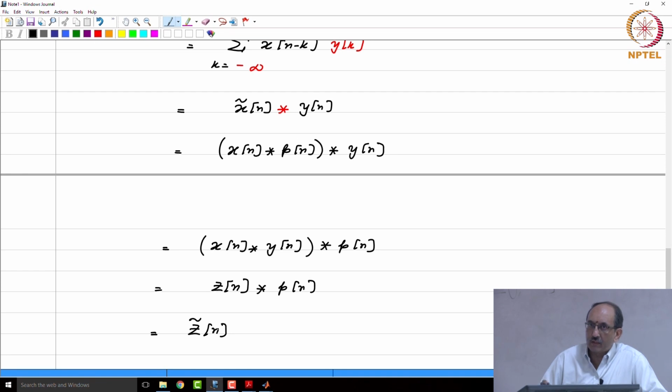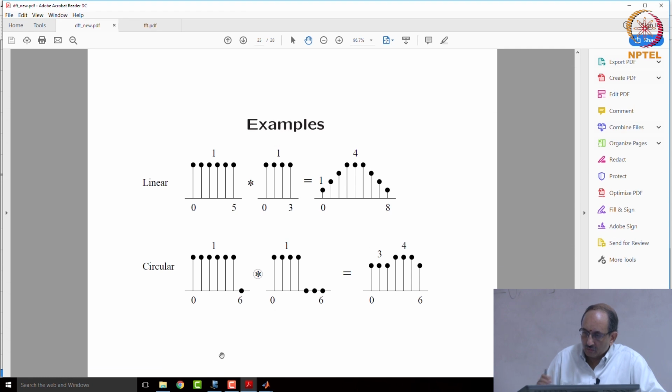So what this is saying is, you take the result of linear convolution and then repeat it periodically, and that is the same as circular convolution, okay. And if you go back to this example, we will get the same result of circular convolution by taking linear convolution and repeating it periodically.